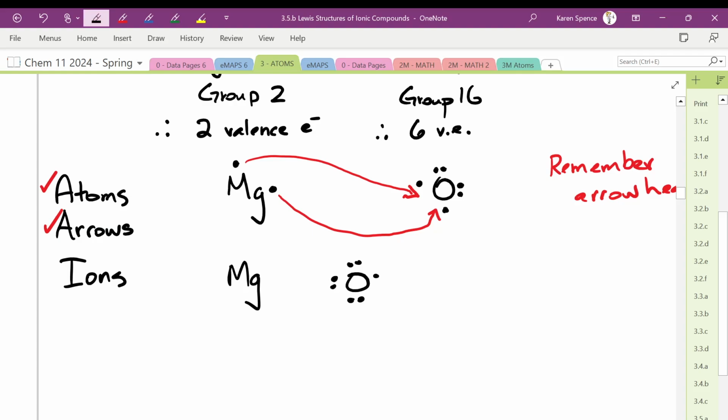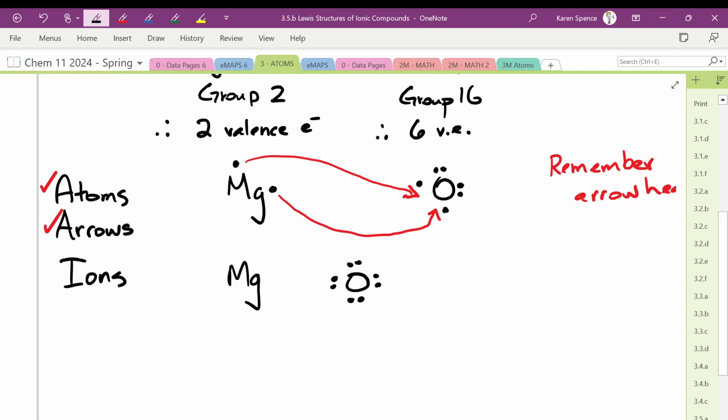In fact, later on, when you get used to doing Lewis structures, you can draw the pairs of electrons like this, but we're not going to do that for now because I want you to be able to count them individually, and it just gives one more thing for people to mess up on. You know what I mean? So we're going to leave that for now.